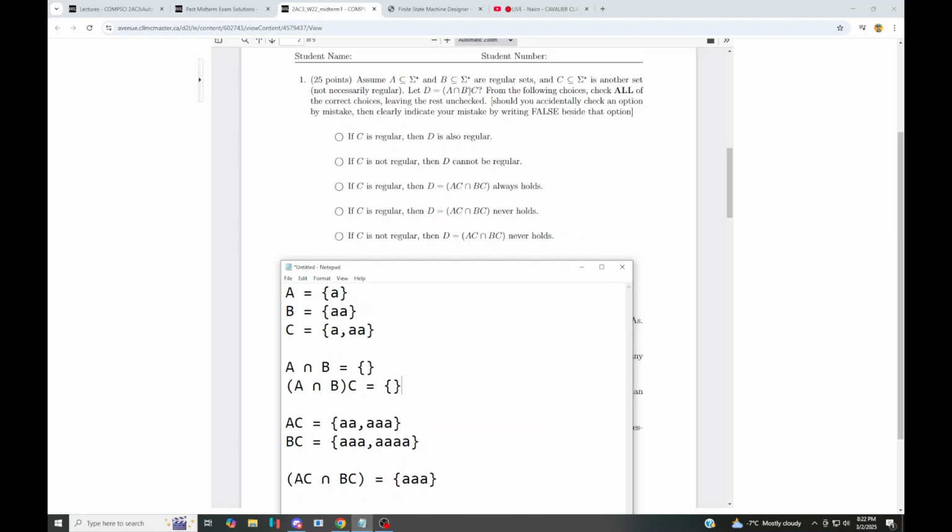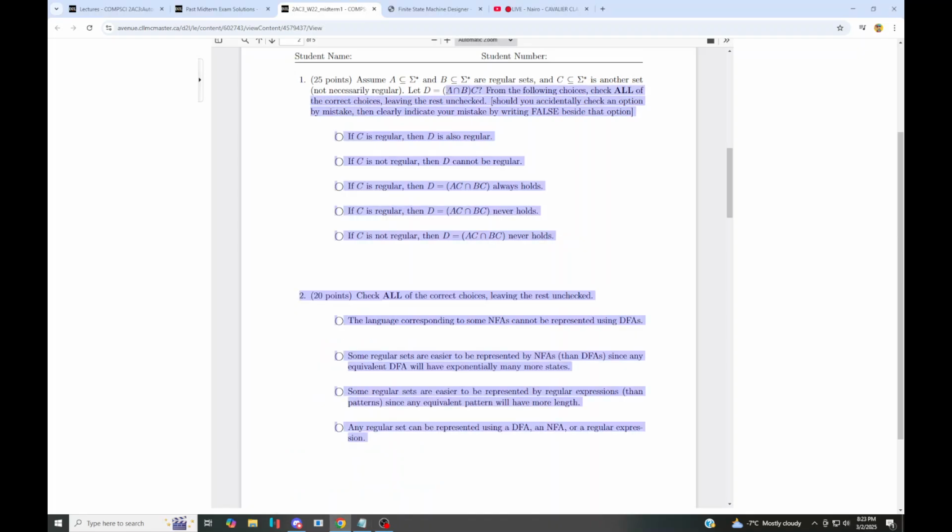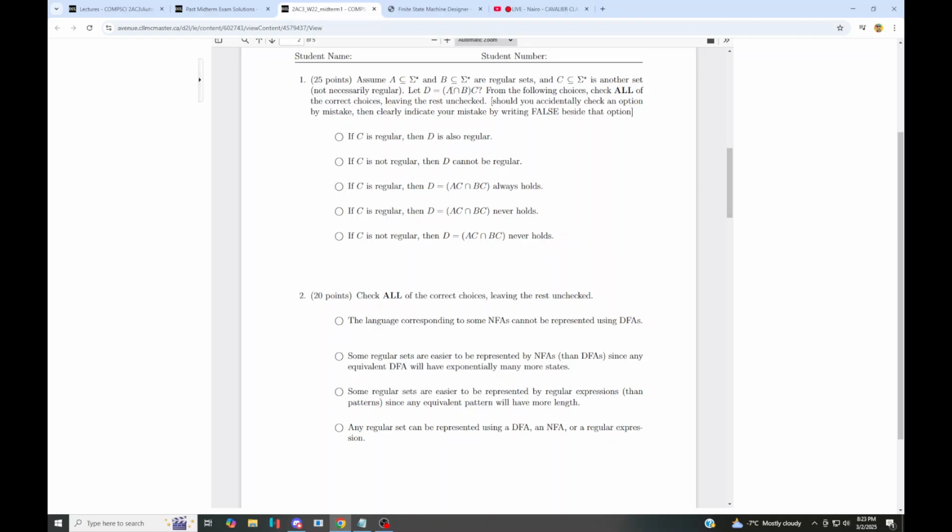But in this case, it is, because, if I remember this correctly, the idea is that if A and B are null, then when you concatenate with C, you get the null set. And here, if A and B are both null, then you're still getting the empty set. So as long as you set A and B both to the null set, you get the same thing. You still get the null set, no matter what C is.